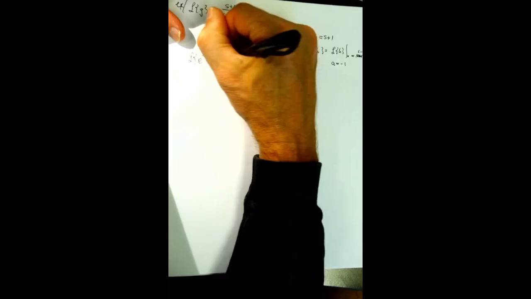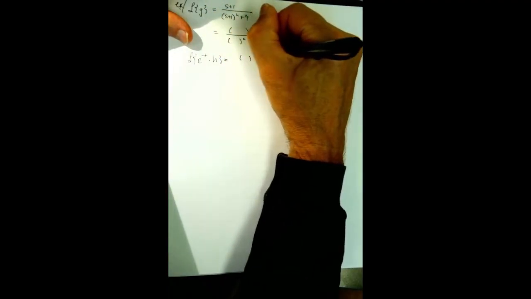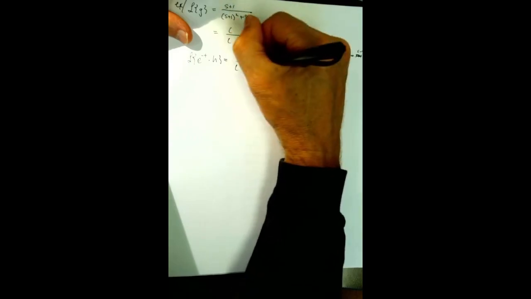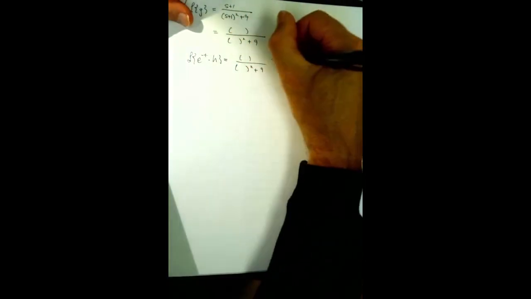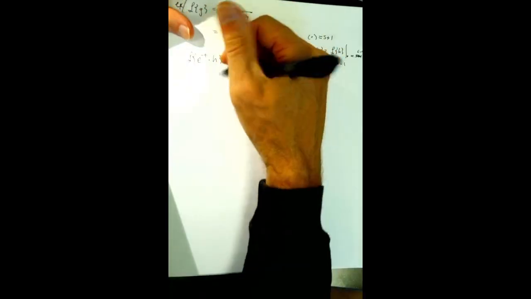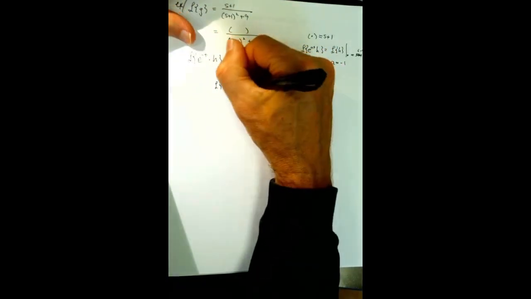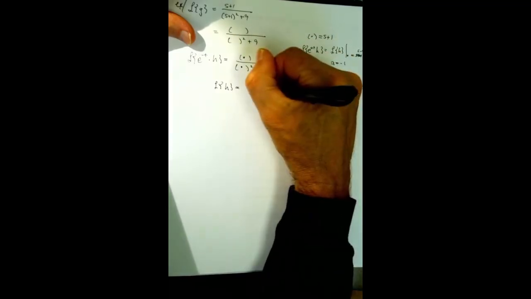So this looks like the Laplace transform of e to the minus t times some h is the something over something squared plus 9, where the something is equal to s plus 1. So the Laplace transform of h must be s over s squared plus 9.